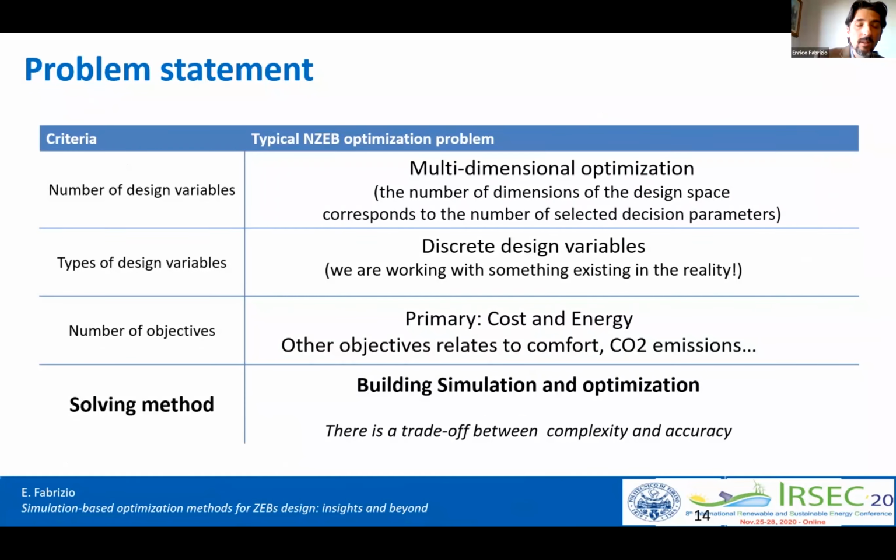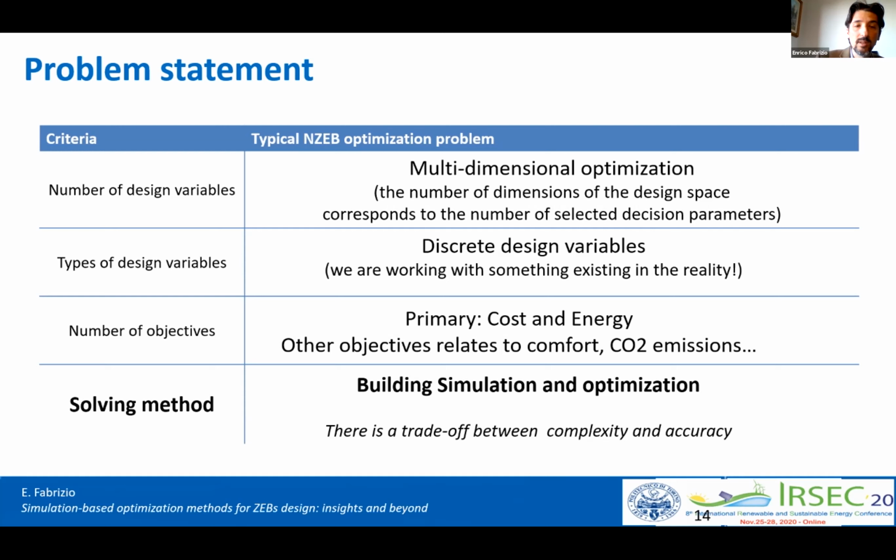So this summarizes the main features of this type of optimization problem: the number of design variables, the type of design variables, which are discrete, and the number of objectives. One way to address this problem, and it is the way I will concentrate on from now on, is the so-called simulation-based optimization.